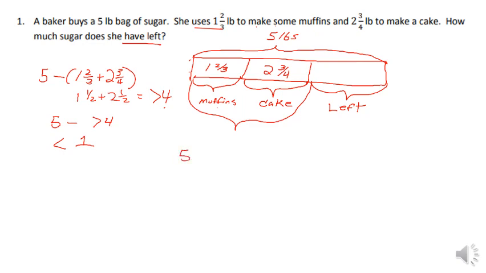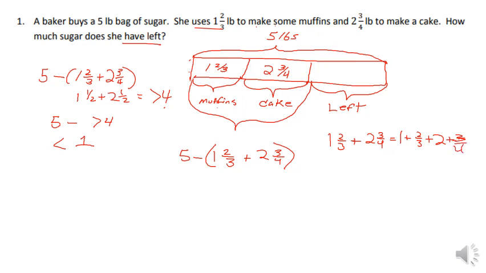So we have 5 minus 1 2/3 plus 2 3/4. Let's go ahead and add those two together. So I have 1 2/3 plus 2 3/4. And the way we've done this is 1 plus 2/3 plus 2 plus 3/4.